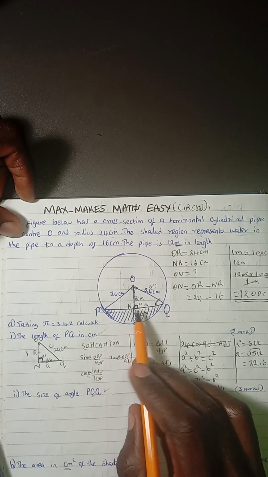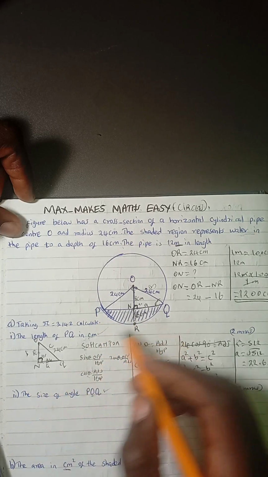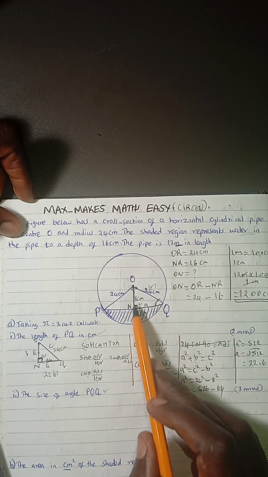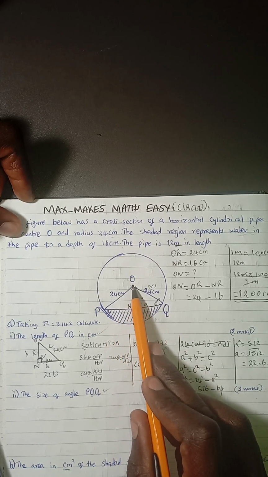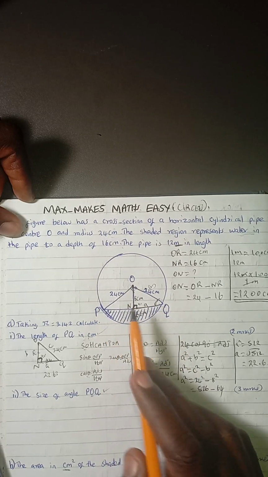And remember, we were told to find the length of PQ, and we have found the length of NQ to be 22.63. Since these two triangles are the same, it's just one big triangle divided into two. So if we find it here, it's also the same as here.